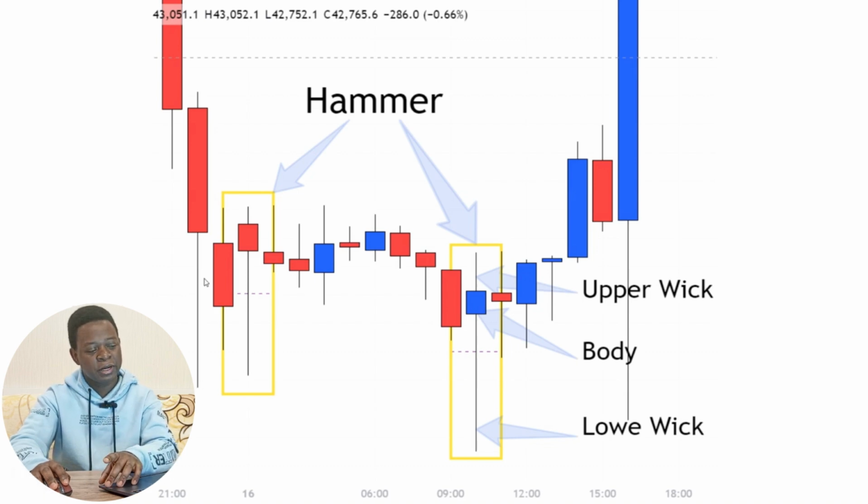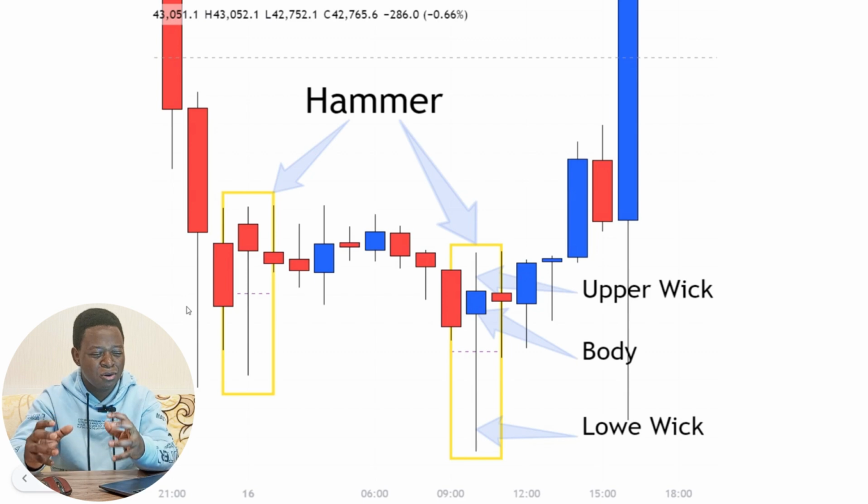What did I explain to you guys? When you see such a wick, that means the seller stepped in, the market opened here, we sold the price, and it came all the way down to this level. Look at how far we brought the price. But this wick here is a lot of resistance which came in from the buyers.